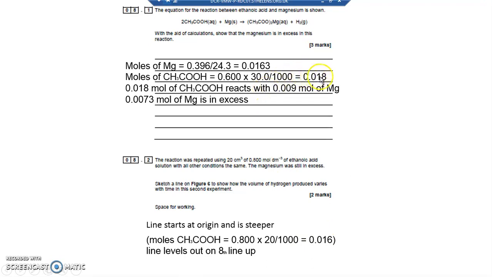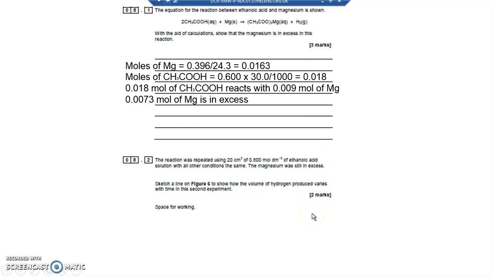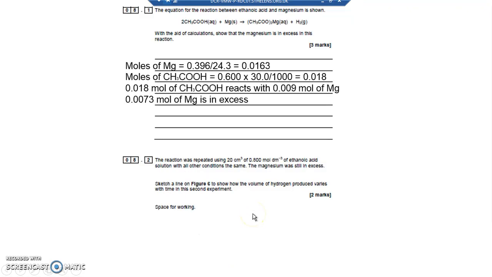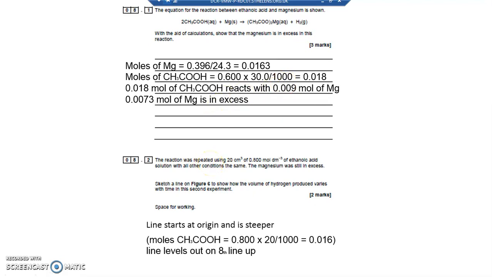So I've got 0.016 moles of ethanoic acid this time. Previously I had 0.018 moles, so I've got 0.016 rather than 0.018. So I've got slightly less, so I'm going to get less product. Let's have a look at my graph here. 0.018 is the number of moles of ethanoic acid that I have. This time I've got 0.016.